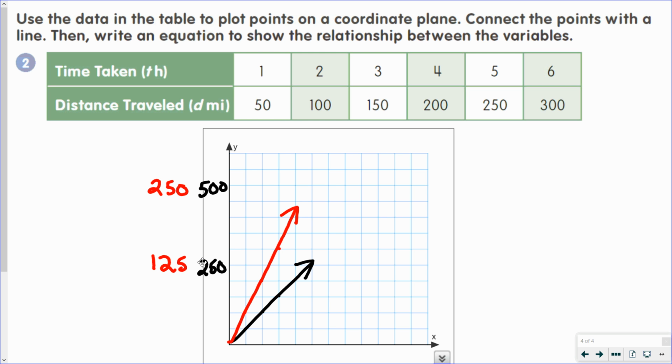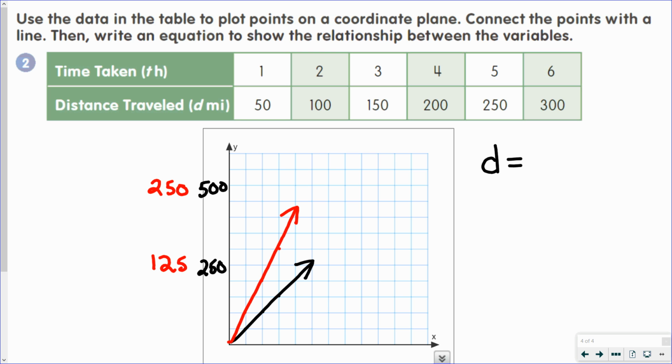And then the second part here is we have to write an equation to show the relationship between the variables. Well, if you remember from our previous lesson, the variable on the bottom, that's your dependent variable, which makes the top one your independent variable. And from 1 to 50, you have two options. You can either add 49 to 1 to get to 50, or you can multiply 1 by 50 to get 50.